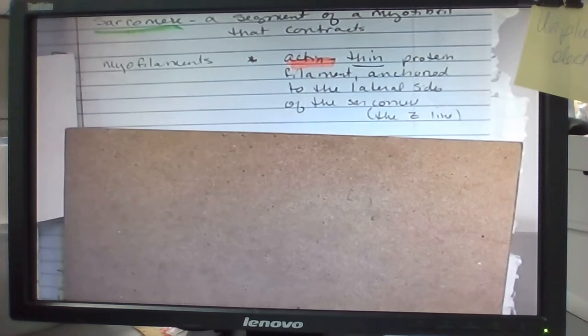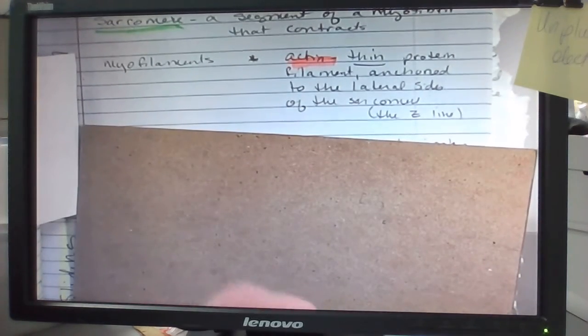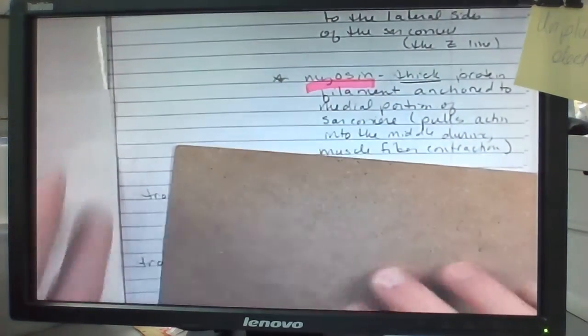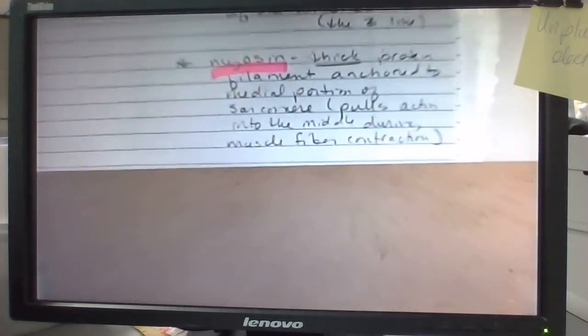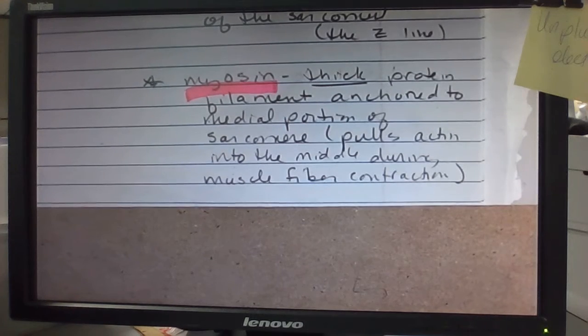Filaments, that's even thinner, even smaller little part that we're talking about here. So actin is one myofilament. Myofilaments are what make up the myofibril. Myosin is the other myofilament. This is the thick protein filament, anchored to the medial, to the middle portion of the sarcomere.